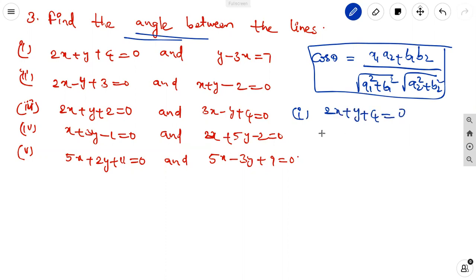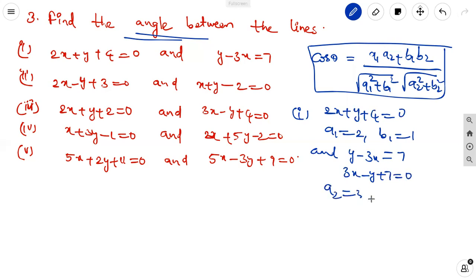Comparing with a1x plus b1y plus c1 equal to 0, a1 equal to 2, b1 equal to 1. The second equation is y minus 3x equal to 7, that is 3x minus y plus 7 equal to 0. Here a2 equal to 3, b2 equal to minus 1.